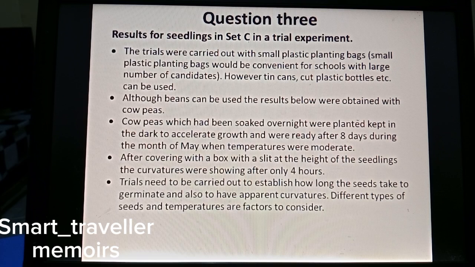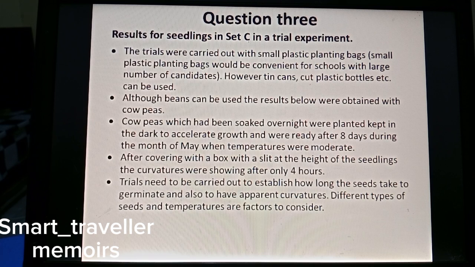So, question 3 was prepared throughout, so that by the time the examination was done, you had various stages of plants growing, right?